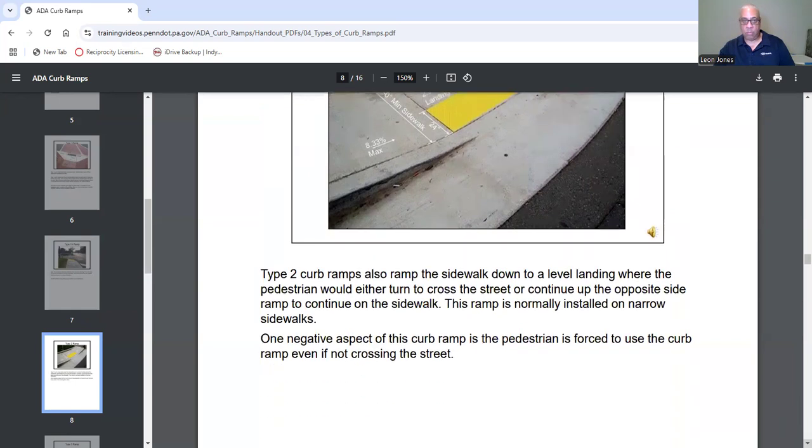Now, type 2 ramps also ramp the sidewalk down to a level landing, where the pedestrian would either turn to cross the street or continue up the opposite side ramp to continue on the sidewalk. This ramp is normally installed on narrow sidewalks. So basically, one negative aspect of this curb ramp is the pedestrian is forced to use the curb ramp even if they're not crossing the street.